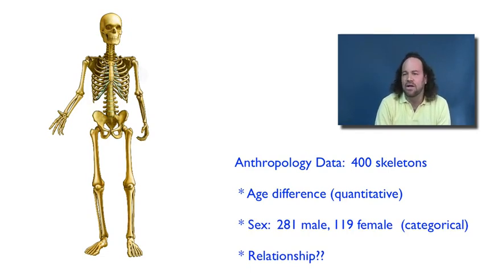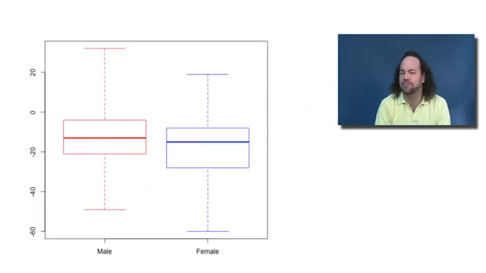Well, we know what to do now. Let's go straight to considering side-by-side box plots of the difference in ages for the male skeletons as compared to the difference in ages for the female skeletons. Looking at the box plot, we can see that the two sides are fairly similar, but they're not identical, and on the female side, the values of the box plot are just a little bit lower, a little bit more negative.